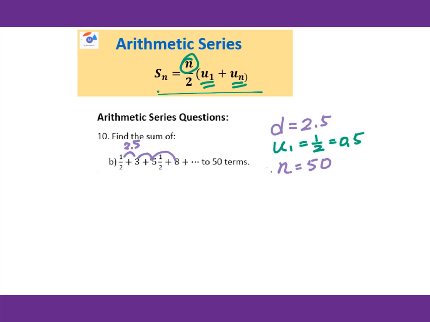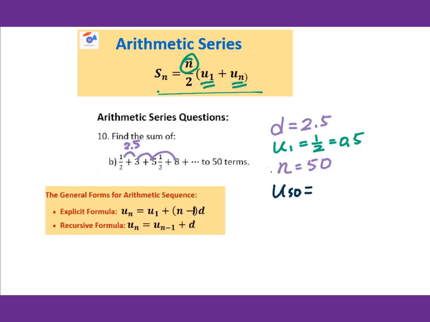We need to figure out u sub 50. We have to use this formula. So n changed into 50, we get u sub 1 plus 50 minus 1 times d. U sub 1 is 0.5 plus 50 minus 1 times 2.5.